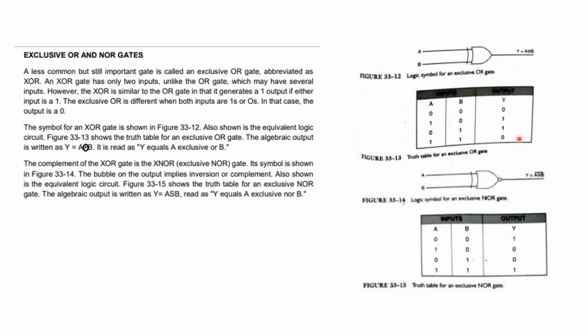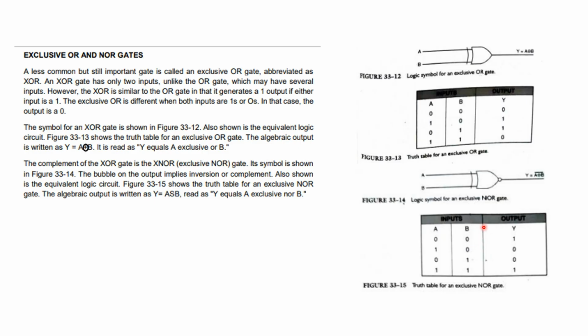Meaning, if the inputs are the same, then the output is 0. If the inputs are different, 0 and 1 or 1 and 0, then the output is 1. That is how exclusive OR works.